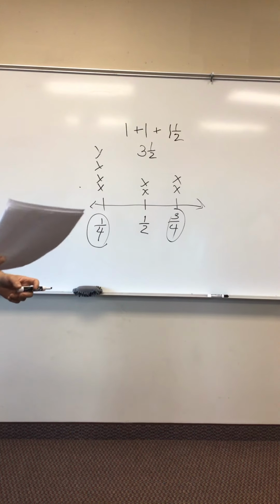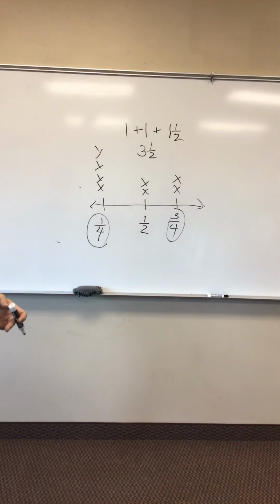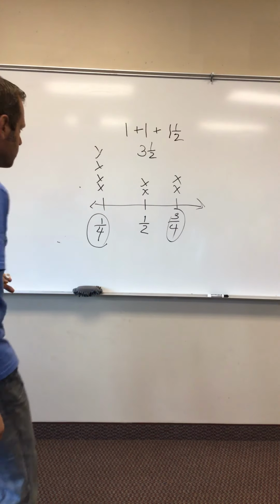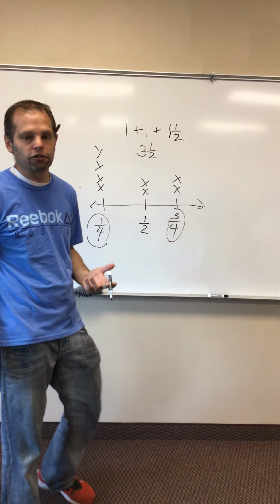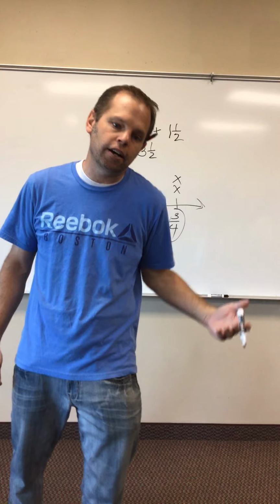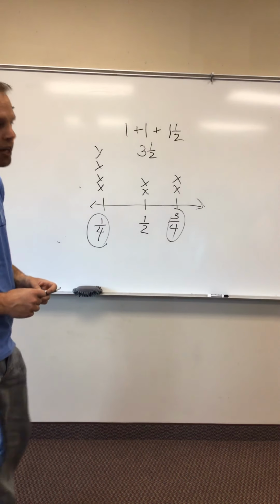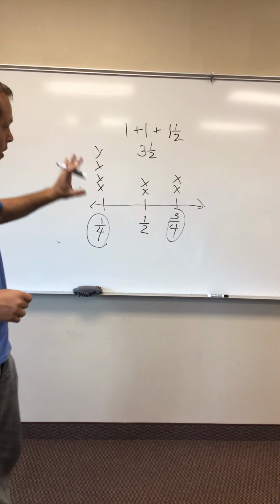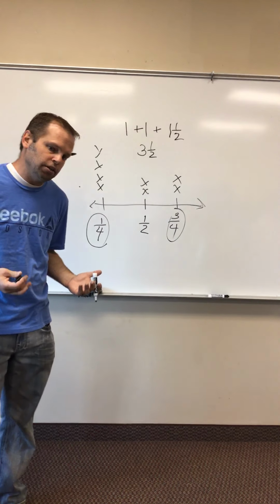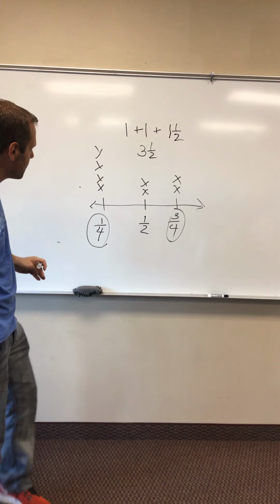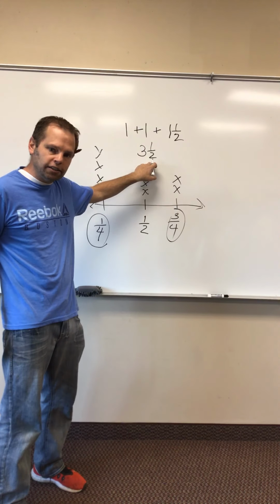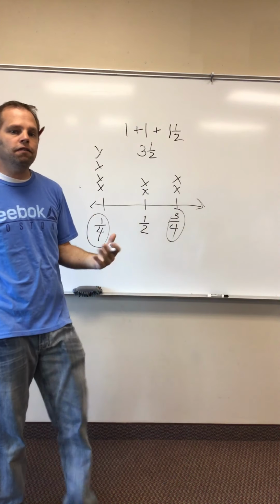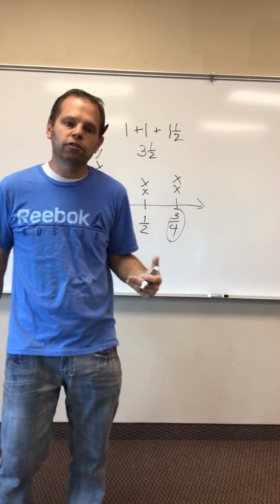The last question it's going to ask you is to find the average amount. To find the average amount, 6th graders are learning this right now: mean, average, range, all of those data points. Average is the same as mean. How I find that is I take my combined weight of everything, in this case it's 3.5, and then I divide by the amount of data points that I have.